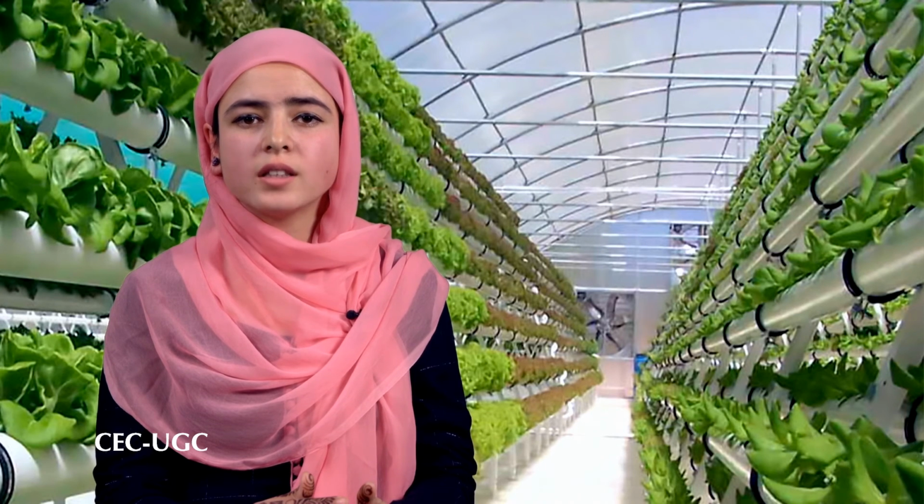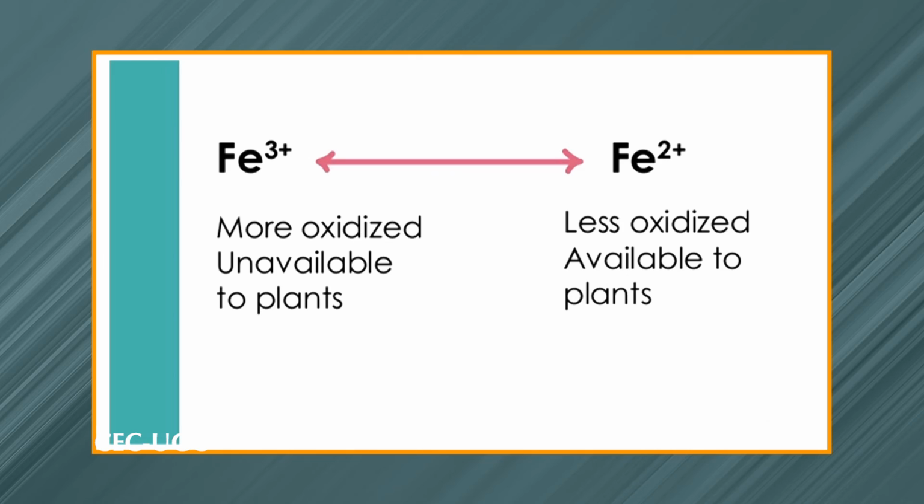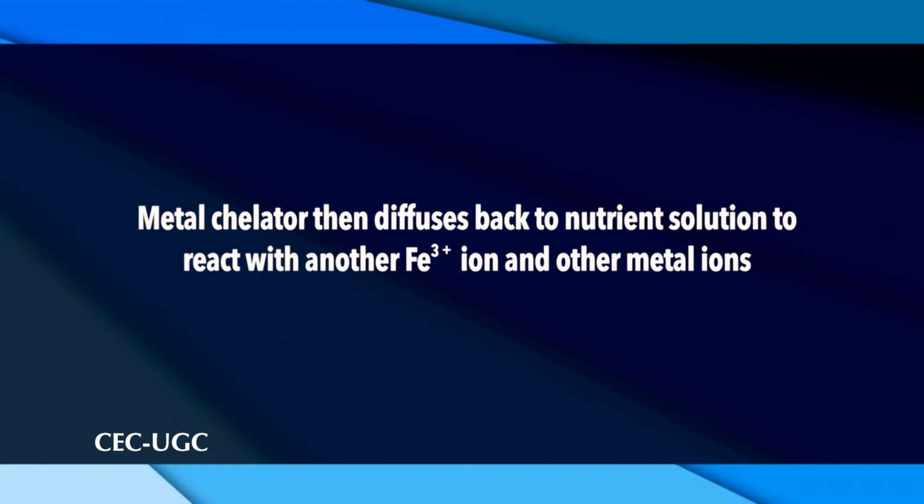It is believed that iron may be released from the chelator at the surface of the root when it gets reduced from Fe3+ to Fe2+. The metal chelator then diffuses back to the nutrient solution to react with another Fe3+ ion and other metal ions.